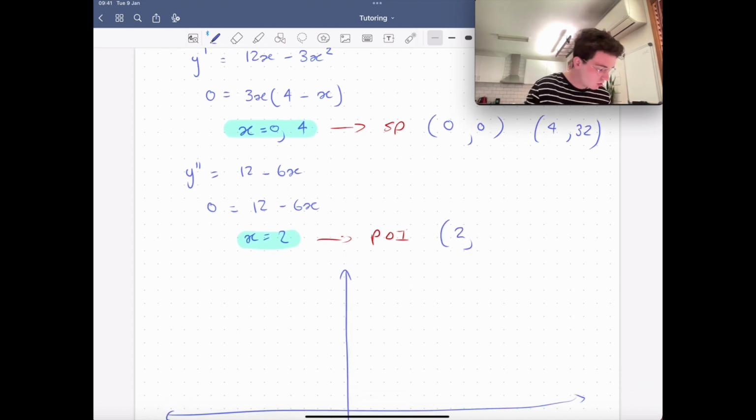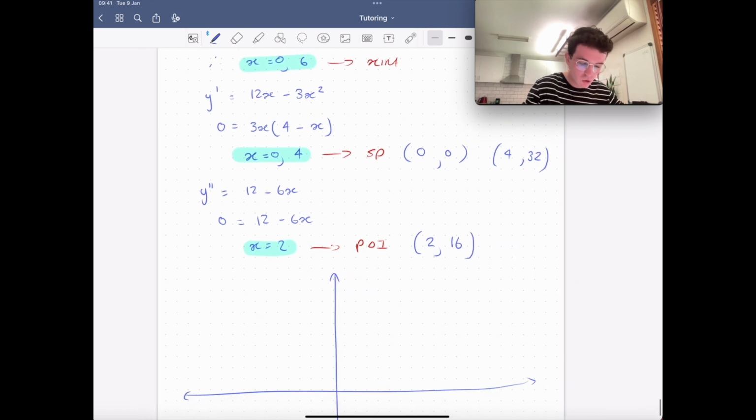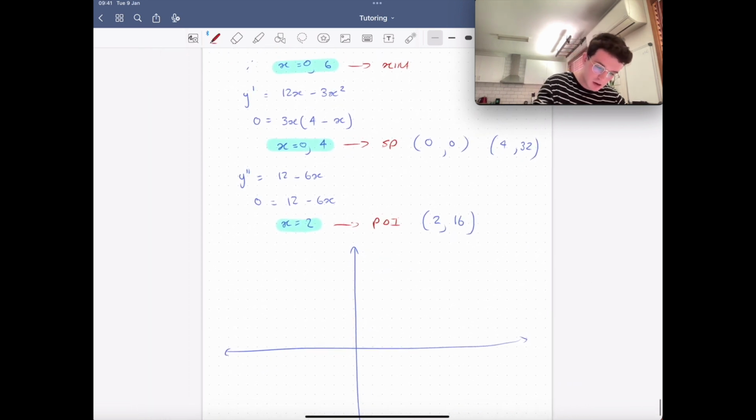We plug in 2, we get 16. So we're going to put all of that information on our graph. My x-intercepts of 0 and 6. I've got a stationary point at 0, 0, and 4, 32 is a stationary point. And I also know I've got a point of inflection at 2, 16.